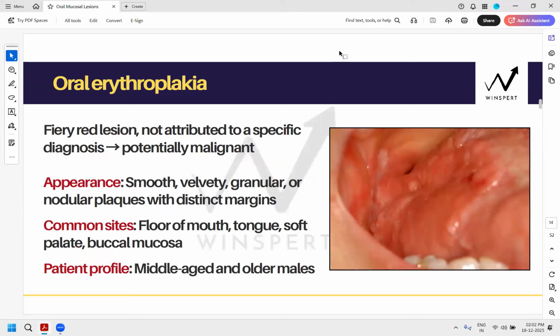Next thing is oral erythroplakia. Now, what category does that come in? Oral erythroplakia is potentially malignant. Now, imagine looking at a candidiasis. Hypothetically, a patient comes, it is a candidiasis, but he says it goes up to my throat. If it's a candidiasis within the oral cavity, treat it in general practice, but if the patient says it's going up to my throat, immediately it becomes HIV related.